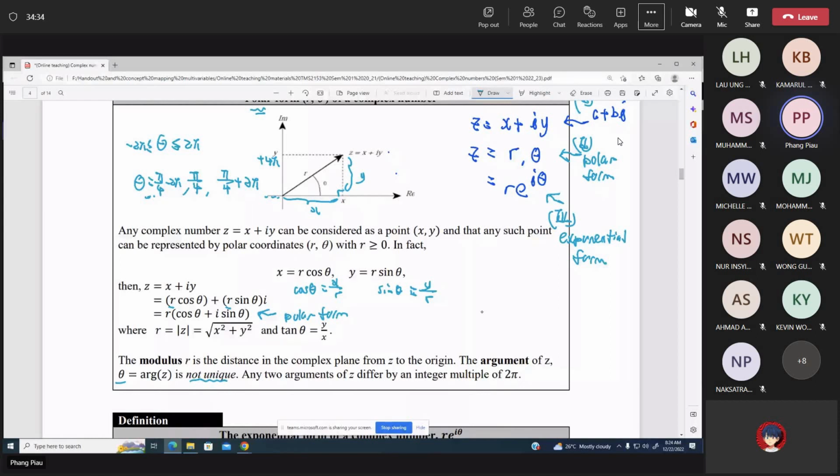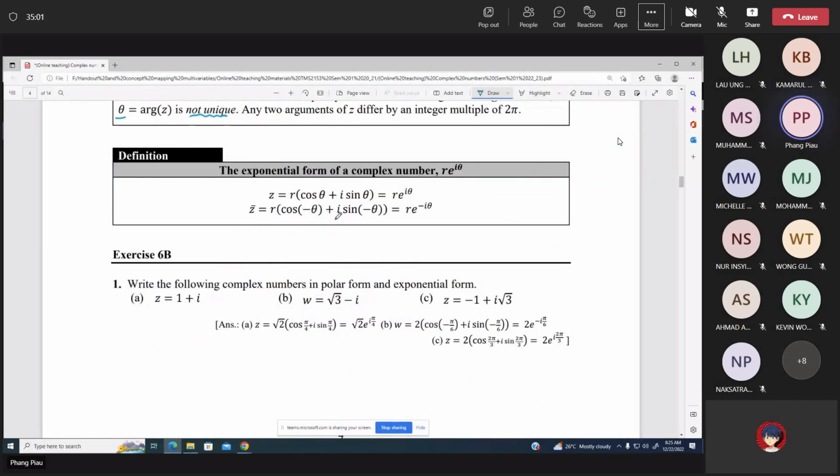But you know the idea is that theta will never be unique, as if you learned trigonometry, you know that it is periodic, so it repeats after 2 pi. The period is 2 pi. So is that okay? So we have 3 different forms. Now today's discussion is mainly about changing from one form to another.